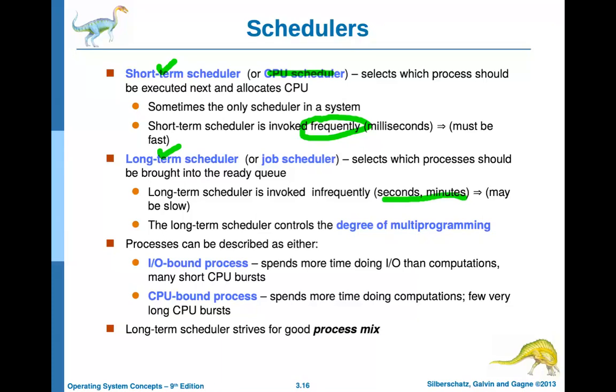So it is infrequent, and because it is not that frequent, it can be slow. Anyway, if it is also fast, no issues; definitely that increases the throughput of your operating system. The long-term scheduler is called the job scheduler, just as the short-term scheduler is also called the CPU scheduler.